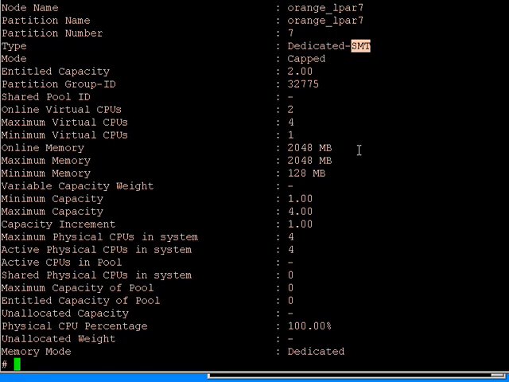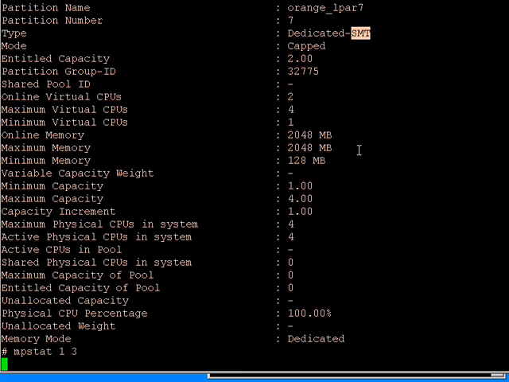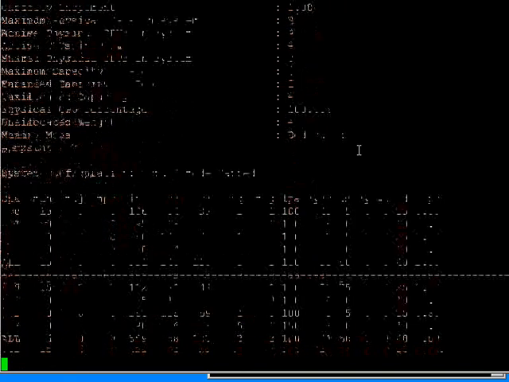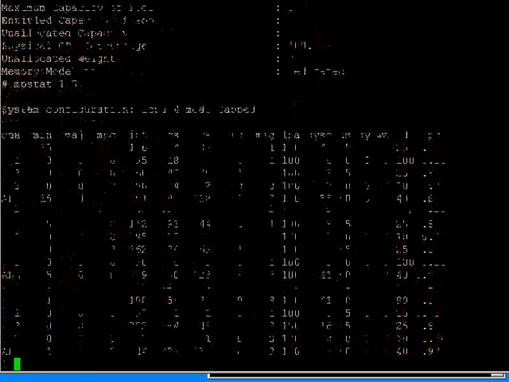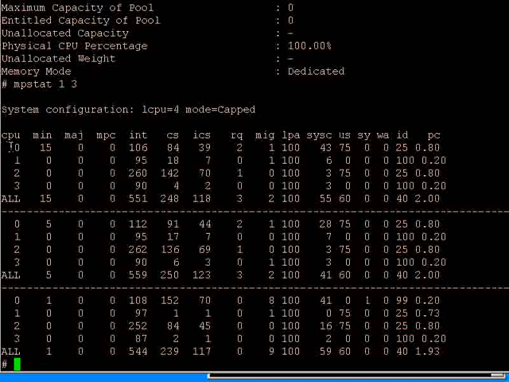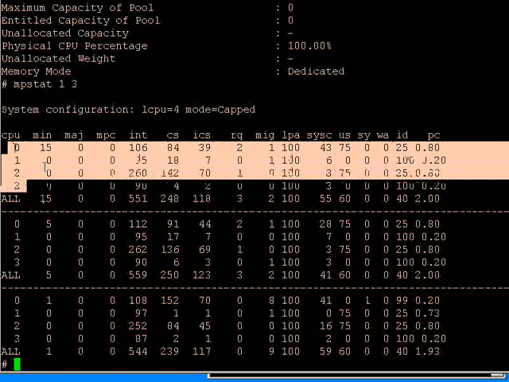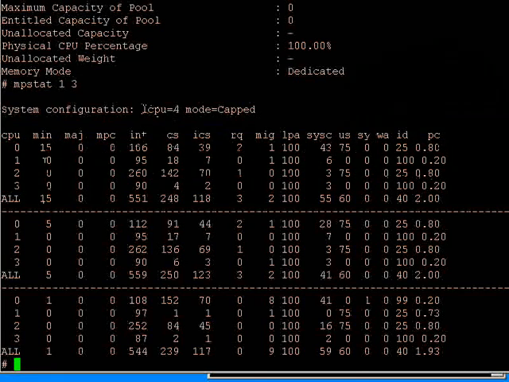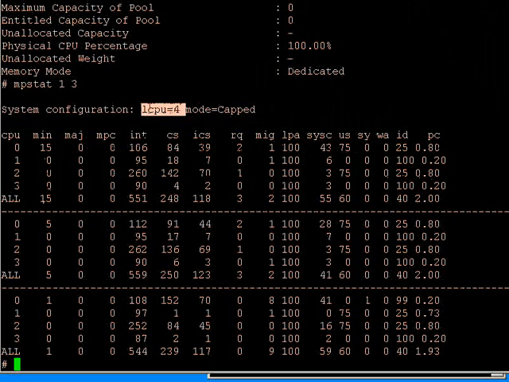If we look at a command like mpstat, again, it looks like there's 4 CPUs on this system, doesn't there? 0, 1, 2, 3. Very easy to get confused. And up here it's telling us again a little clue, these are logical 4 CPUs.